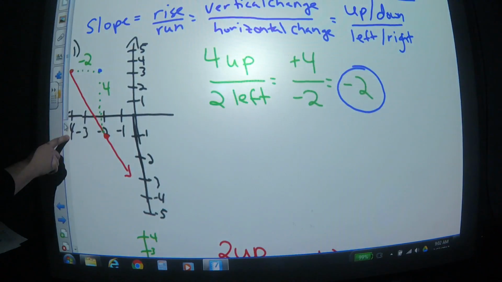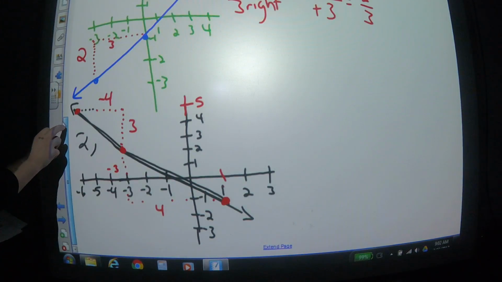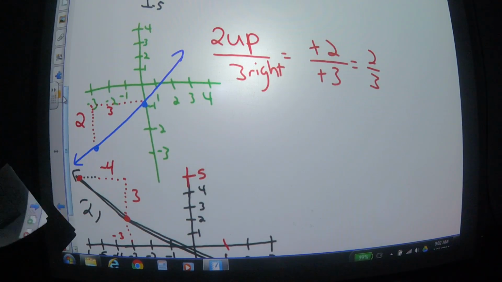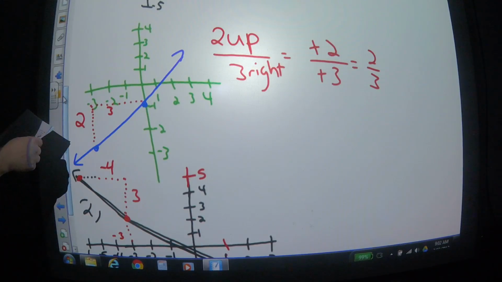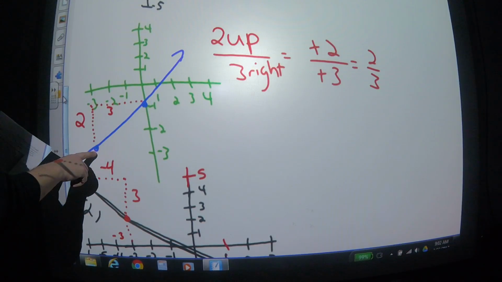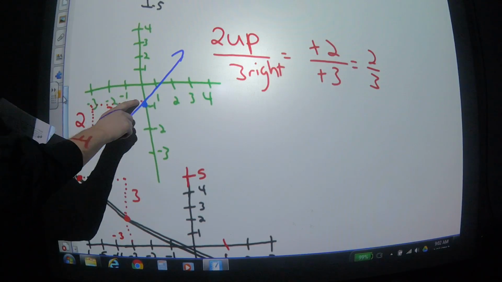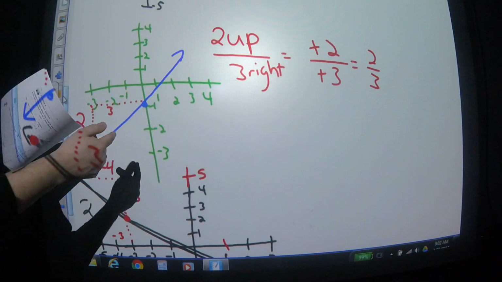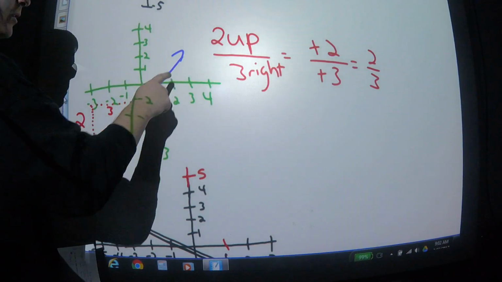So let's look at the next one. You've got a similar situation where we have a point, and that point is (-3, -3). But then we go up 2 and to the right 3. If you wanted to go again, you'd be able to plot another point by going up 2 over 3.